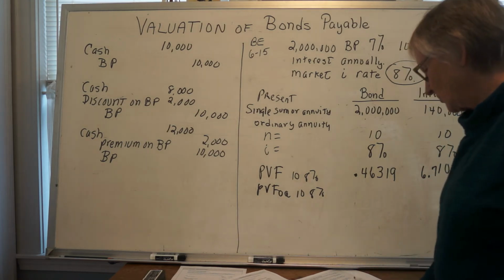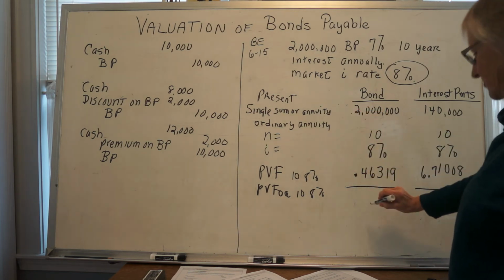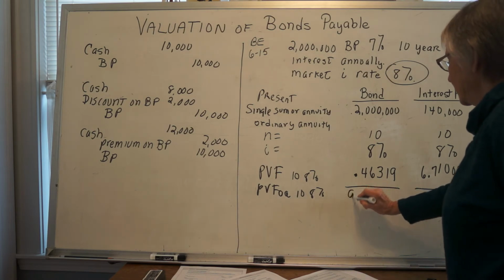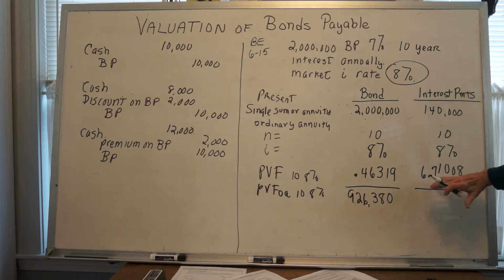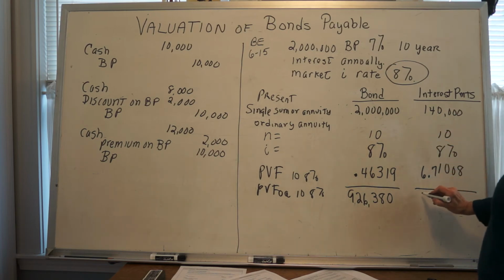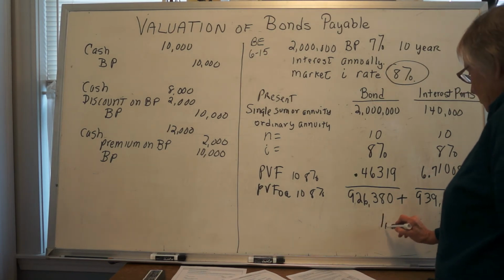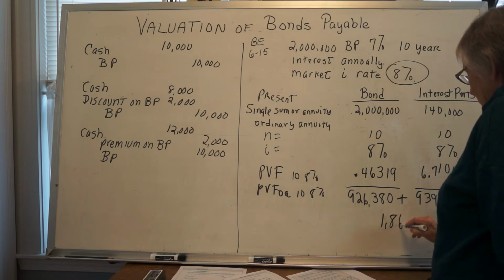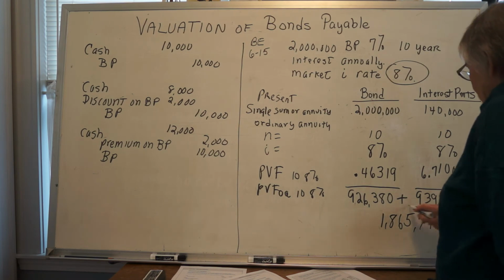Okay, so what we would do is multiply the factor times the bond, and so we would get 926,380. We would multiply the present value factor of the ordinary annuity by the amount of the interest payment here, and we would get 939,411. We would add those together. I am obviously out of board here, and we would get the proceeds of this bond issue would be 1,865,791. Okay, so that is the proceeds.